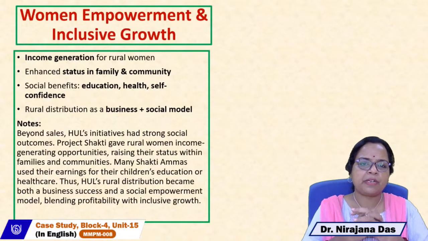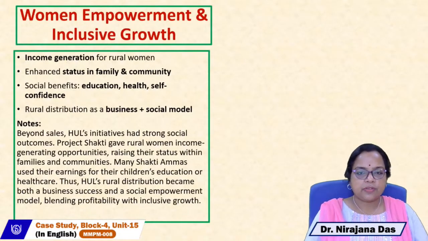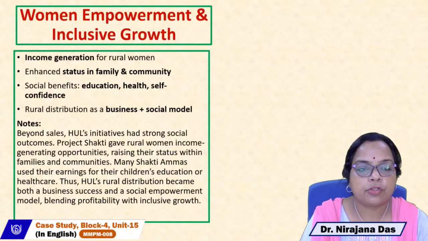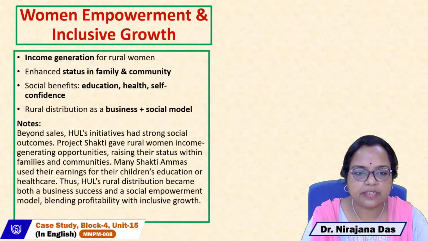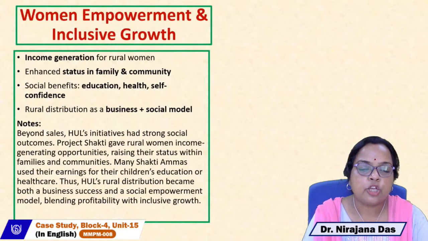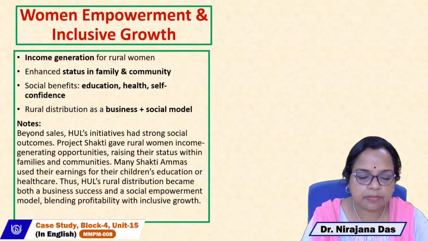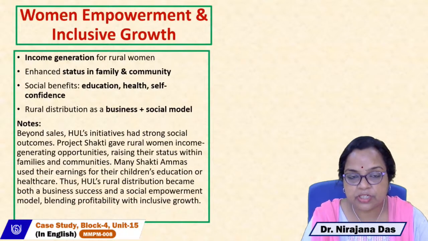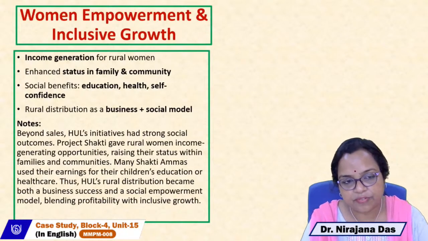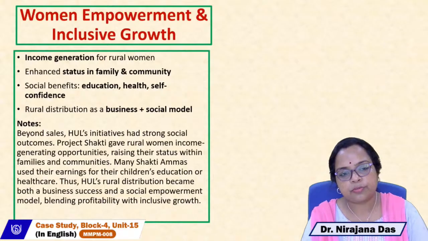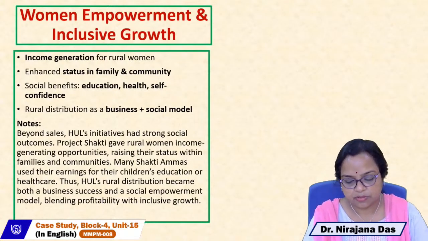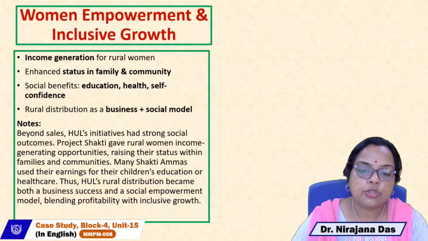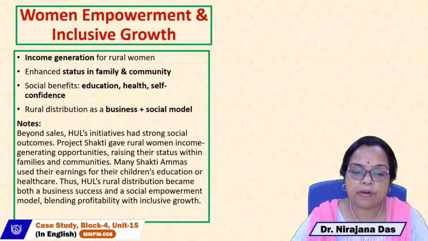Women empowerment and inclusive growth in HUL's initiative was more towards income generation and enhanced status in family and community. Social benefits were better education, better healthcare, and self-confidence. And rural distribution, from the marketing point of view, brings business growth along with being a social empowerment model.